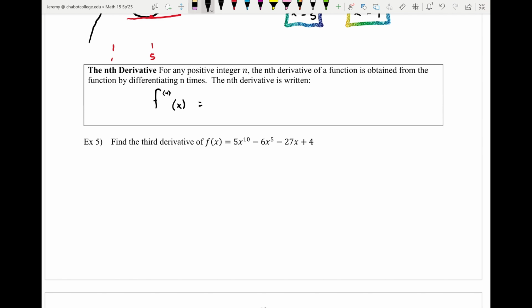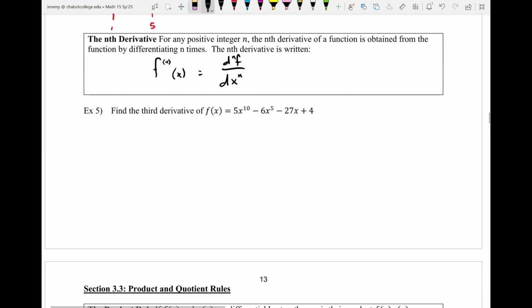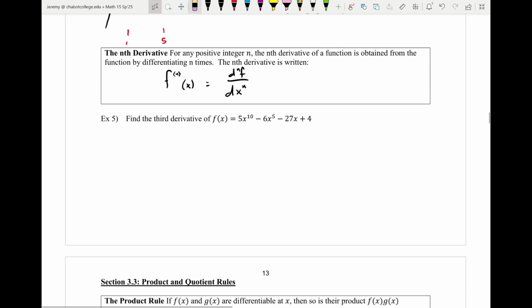Or if we're using this other notation, we might write d^n f over dx^n. Okay, so that's the nth derivative. In many cases, finding multiple derivatives is not a huge deal, because oftentimes terms drop off as we take each derivative. So let me show you what I'm talking about in this next example.